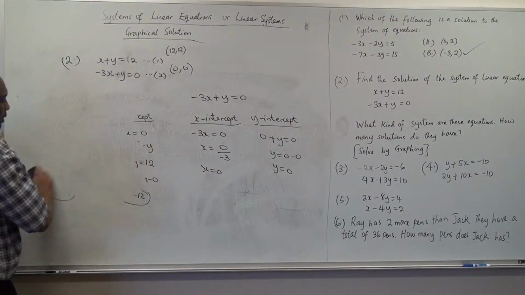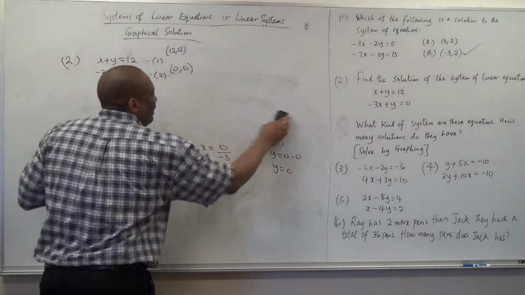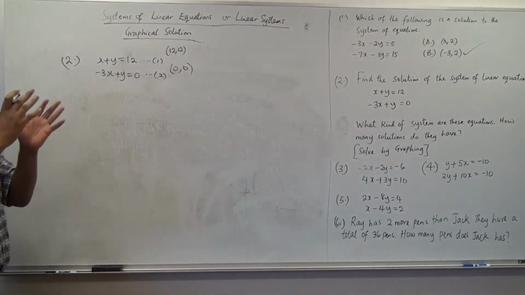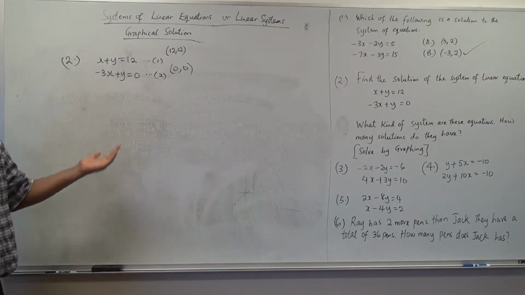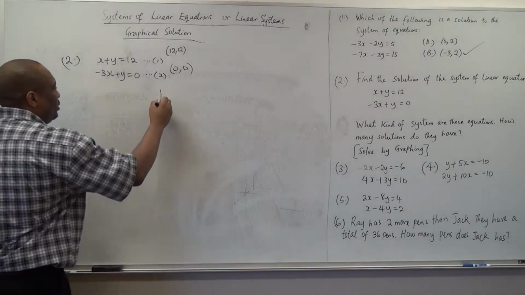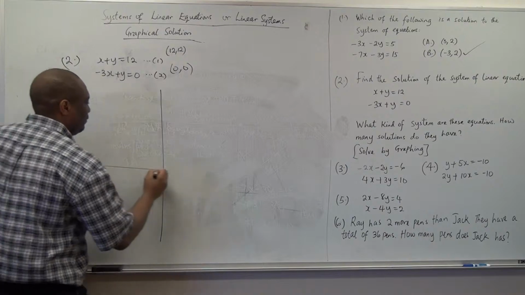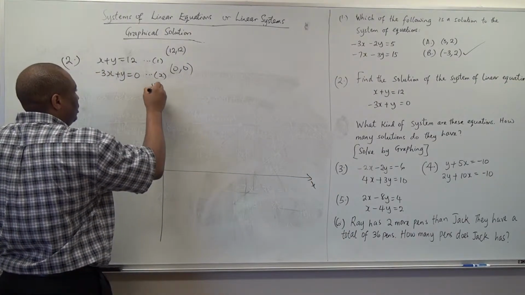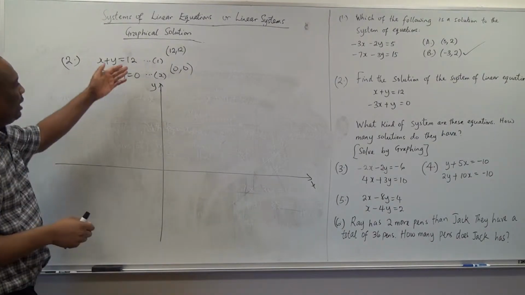Okay, we can go ahead now and graph this. I don't have a graph with me, but if you do your graph very well, you will get it right. Okay, so let's find our graph. And we shall use a suitable scale. Okay, so we have 12 and 12.